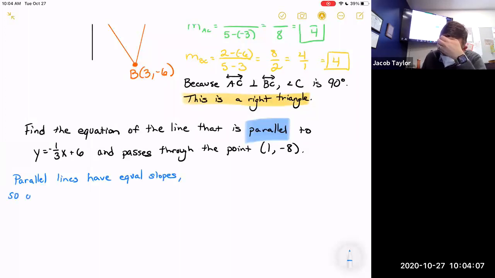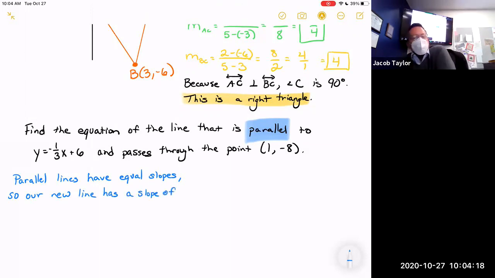So our new line has a slope of, what's the slope of the original line?